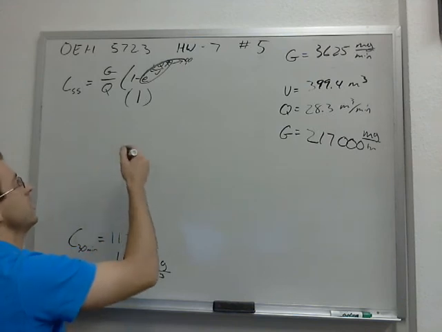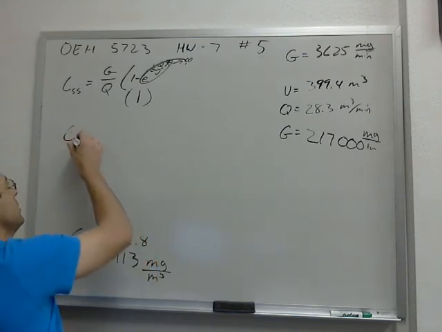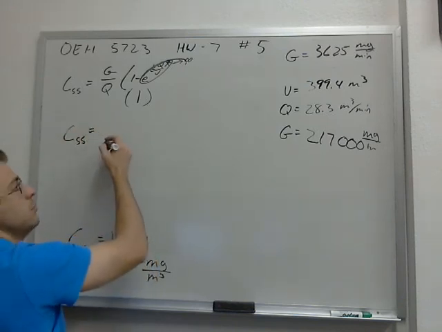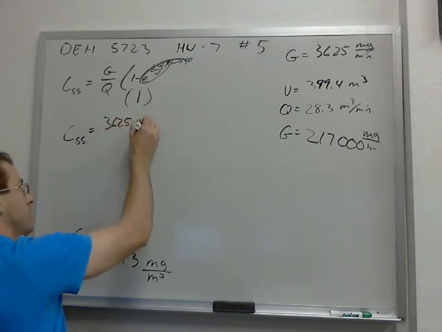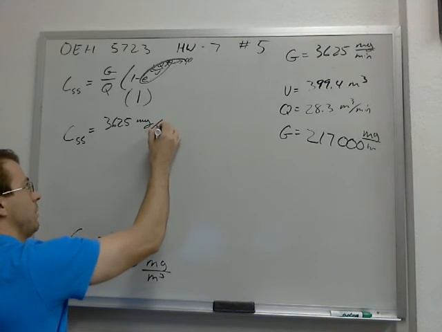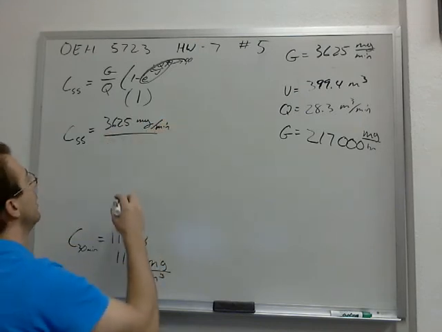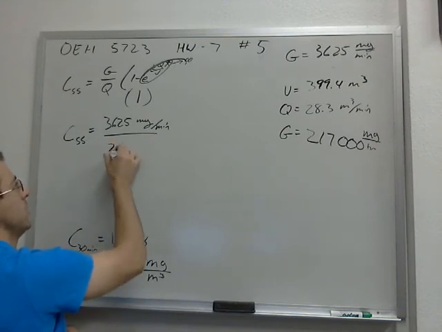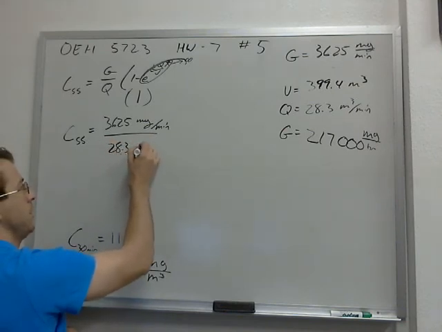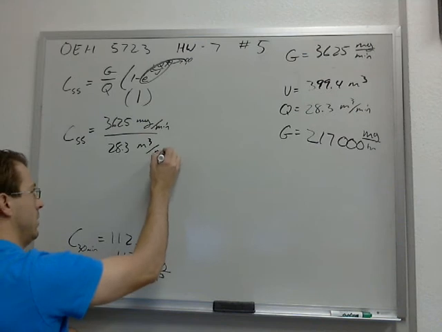So here our C steady state is equal to 3625 milligrams per minute, and that divided by Q, which is 28.3 cubic meters per minute.